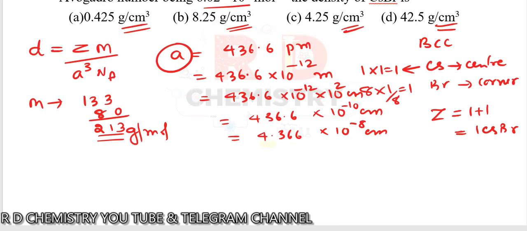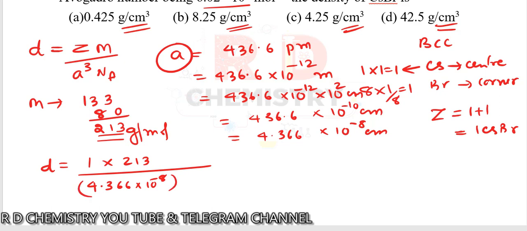Now substitute: density d is equal to Z equal to 1 into 213 molar mass, over a cube, 4.366 into 10 power minus 8 cubed, into the Avogadro number 6.022 into 10 power 23. On calculating, this comes to approximately 1.2 in terms of gram per cm cube.